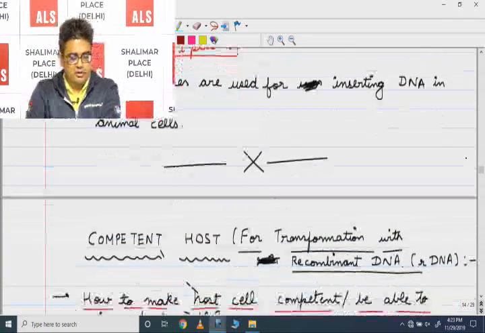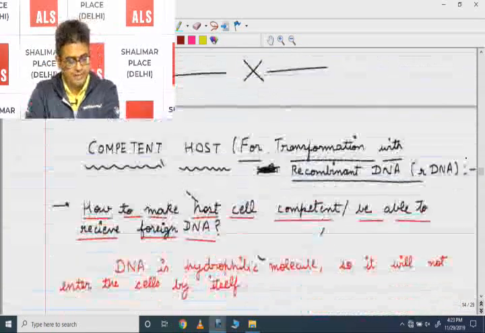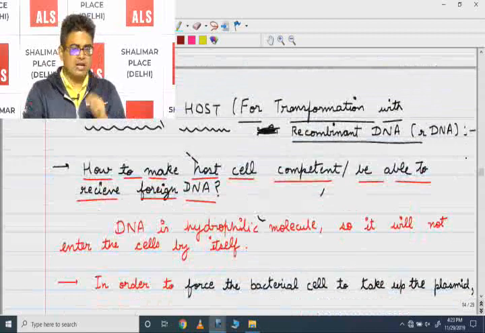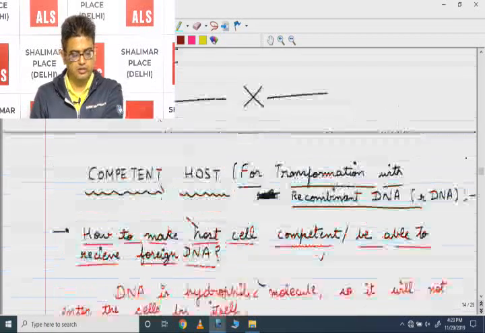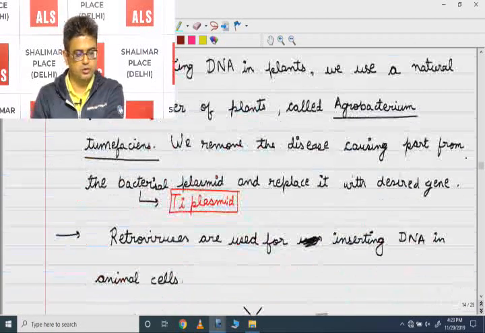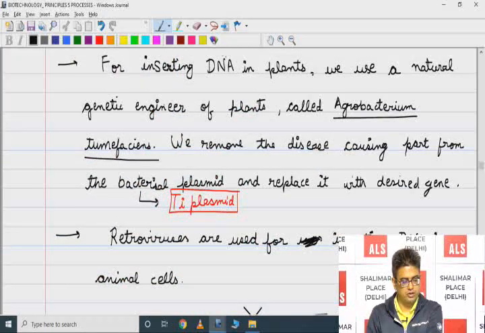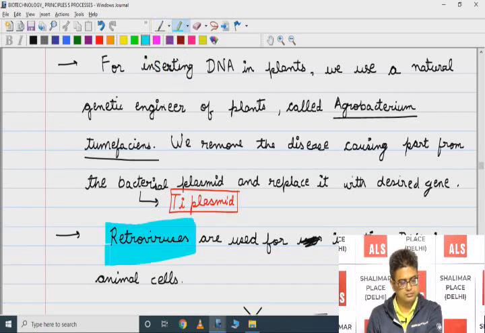Agrobacterium does not work on animals, sorry. In animals, we use retrovirus. I have told you this, that for inserting DNA in animal cells, we use retrovirus. Maybe you remember now.